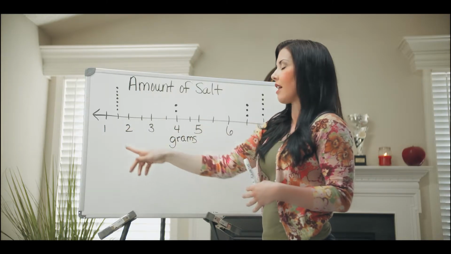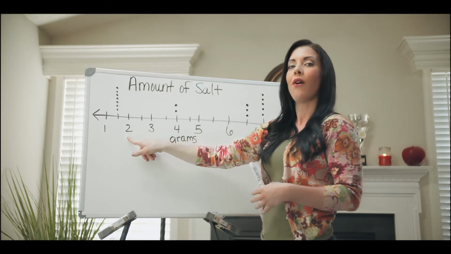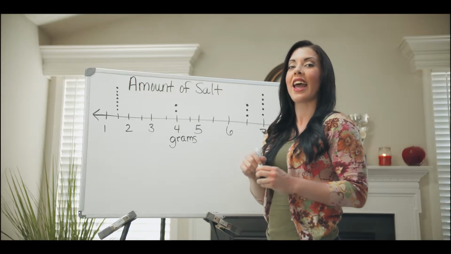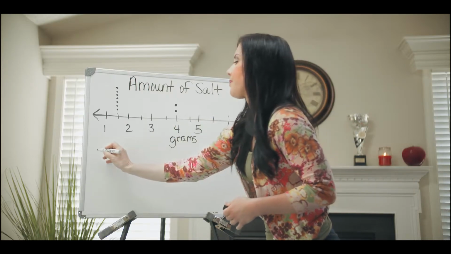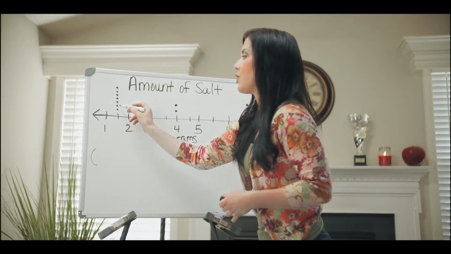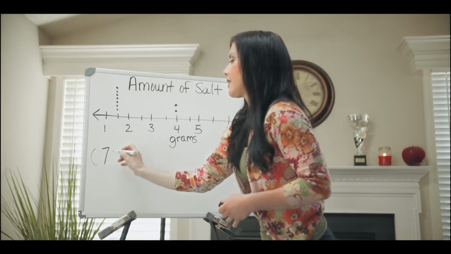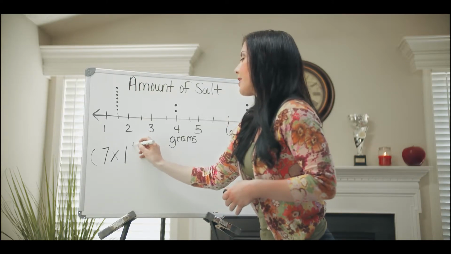So I have to think to myself, what's between 1 and 2 on a number line? Very good, 1.5. So to show this, I would do, again, 1, 2, 3, 4, 5, 6, 7 times 1.5, because that's my measurement.